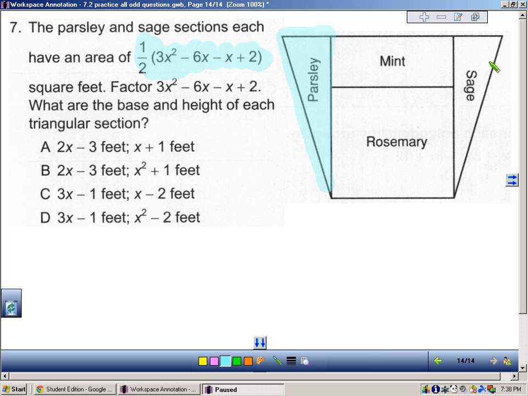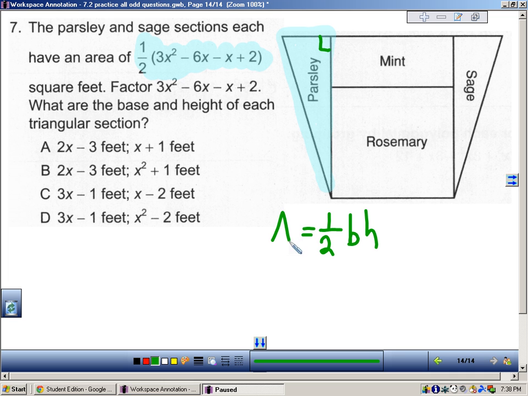They both do. They're equal triangles. They're the same size and shape. So that looks like it's the area of a triangle. We know that the area of a triangle is always found by taking 1/2 the base times the height.